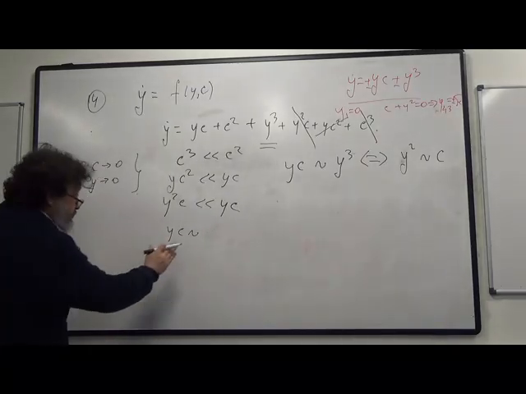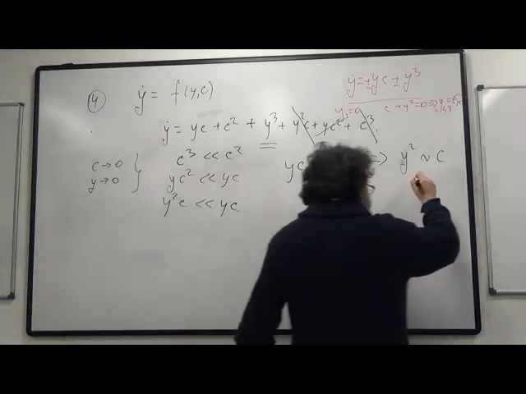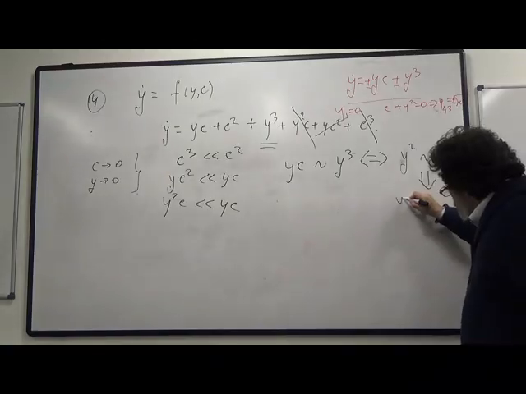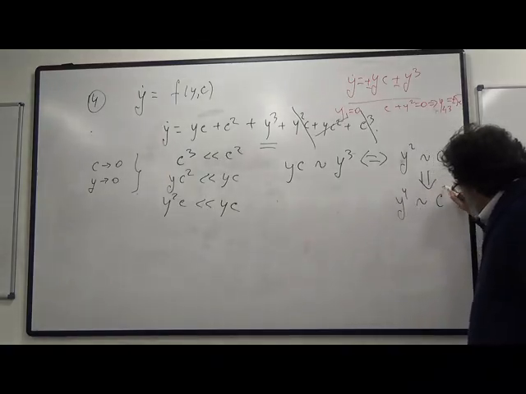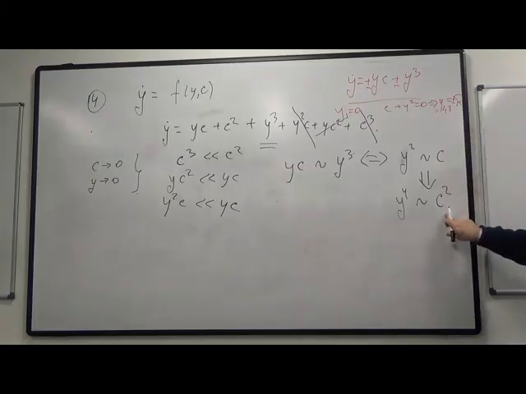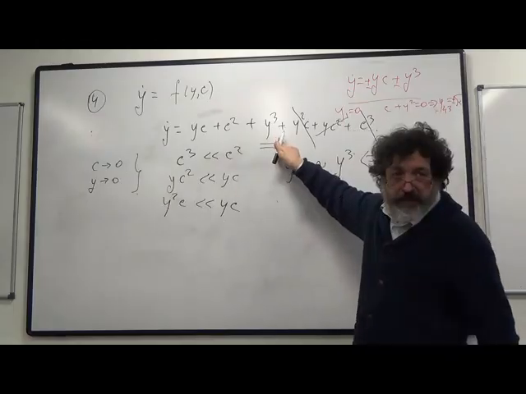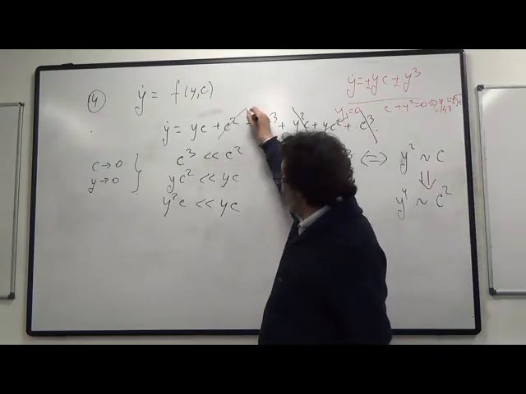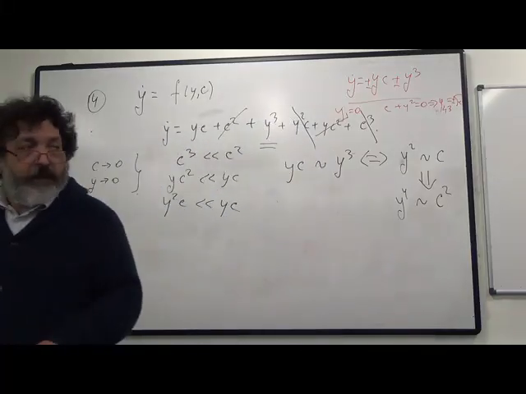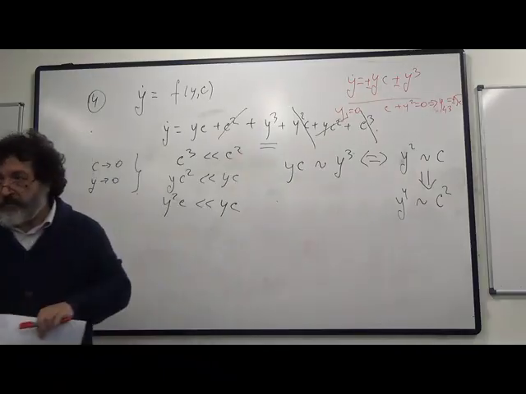If we are, I will put it like this. So from here we conclude that y to the power of 4 is of order of c squared. You see? And this guy is c squared. This guy is much smaller than this guy. Eventually. So we can ignore this also eventually. And what we got is exactly what was there, yc plus y cubed.